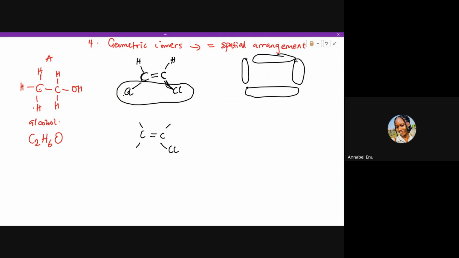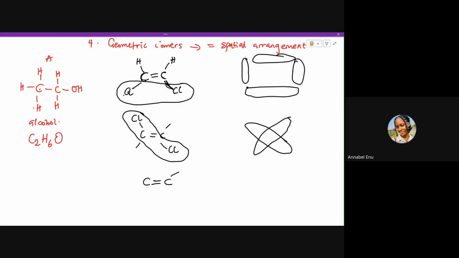These two groups that are the same are not in the same side. These two groups, which is chlorine, are not in the same side. The two groups attached to the carbon, two similar groups. Always take note of that. Instead, they are opposite of each other. So trans can be like this or like this. Look at the double bond: one chlorine is here, another chlorine is here.